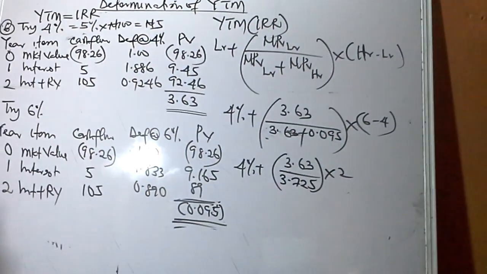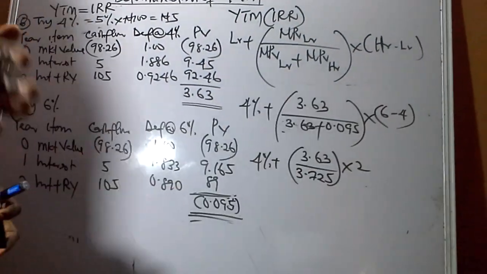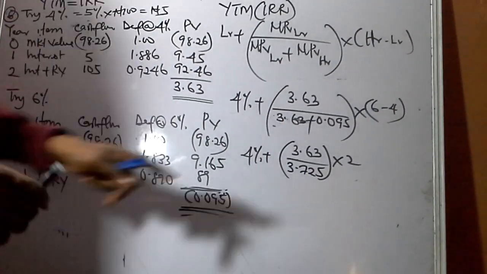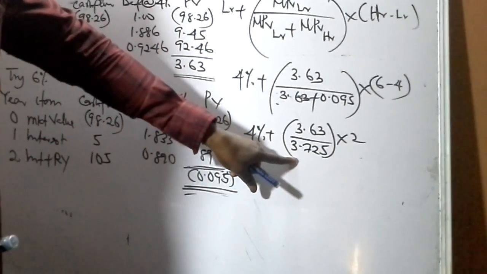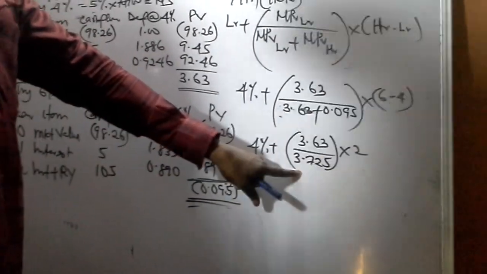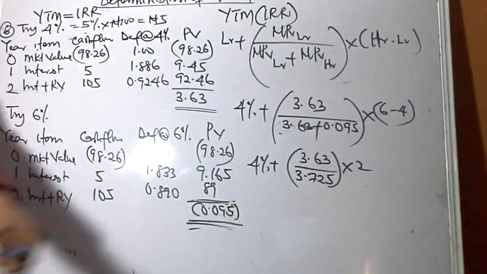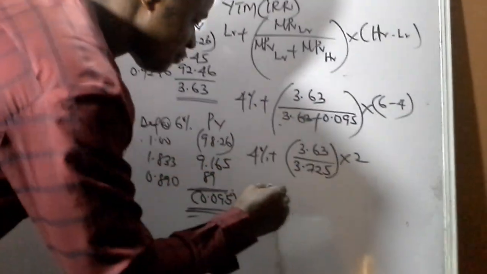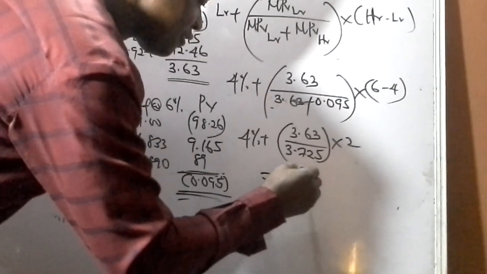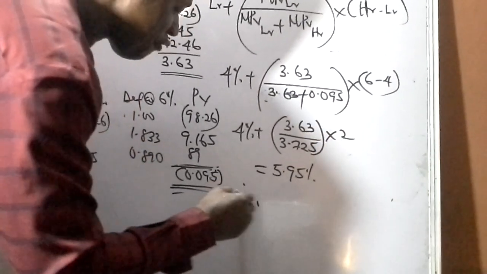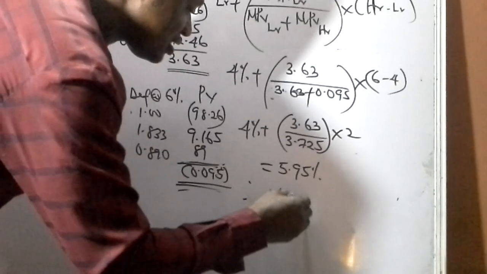Please, you do it systematically. You divide this by this, what you get, multiply by what you have here, then plus 4%. So here you have 5.95. Therefore, my yield to maturity is 5.95 percent.